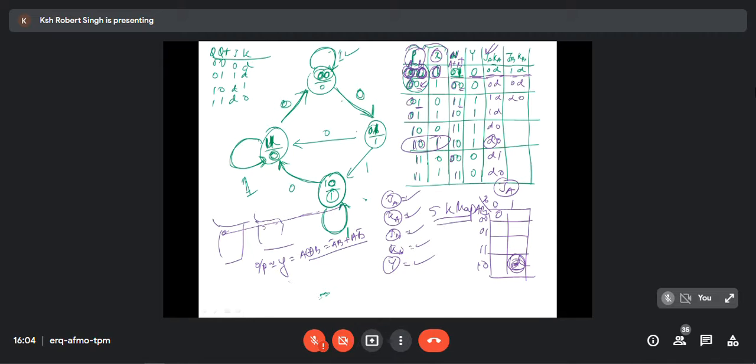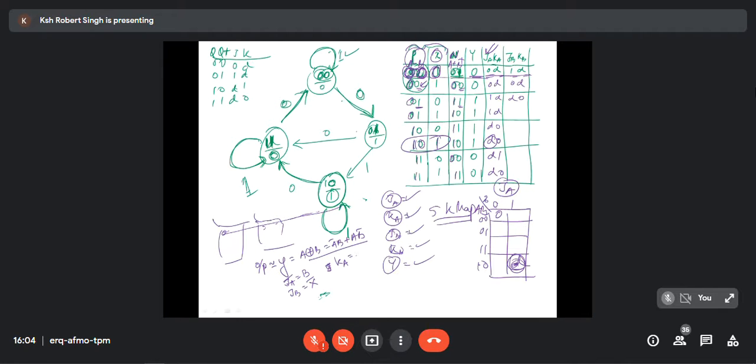And the expression for JA: JA will be equal to B. Because you have lots of don't care now, it will be very easy to simplify. JA and JB, you will get JB is equal to X bar. You can try at home, okay? Just match, is it matching or not? JA is B, JB is X bar.